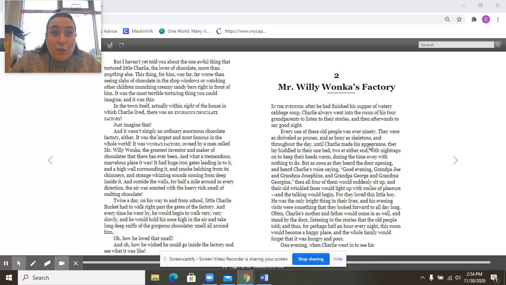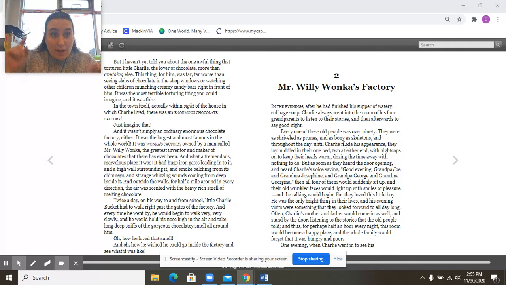So again, as shriveled as prunes, that's some figurative language right there. He's comparing their skin to a prune, which looks kind of like a large raisin, but it's actually a dried plum. So when he says their skin is as shriveled, think shriveled up like a raisin almost. And then they're as bony as skeletons. So this is what good writers do.